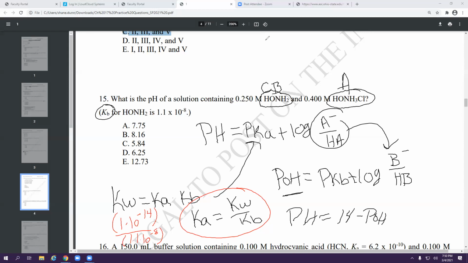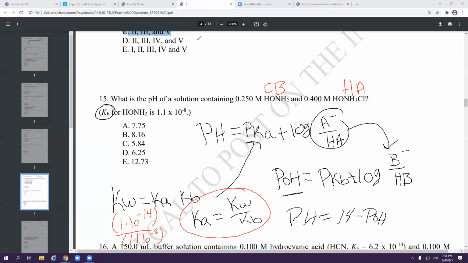Yes, A is equal to, sorry, my bad. I mistyped this one. Normally, yes, this is the HA and this is the KB.